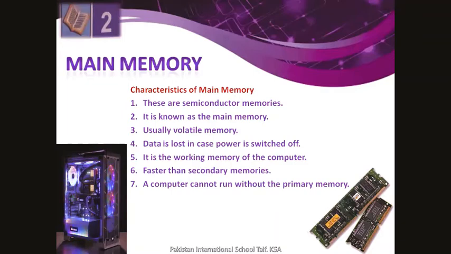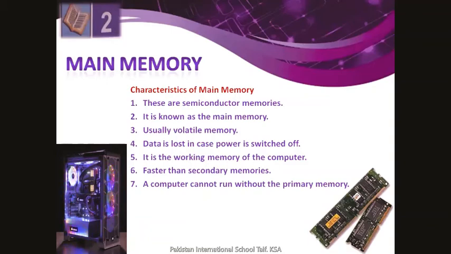It is the working memory of the computer. Basically, the main memory is the main working area of your computer system. Suppose you want to open Microsoft Word. Microsoft Word is an application program, and it will be loaded into main memory. RAM is used for this purpose, and your main memory will load this program, and then you can use your Microsoft Word.